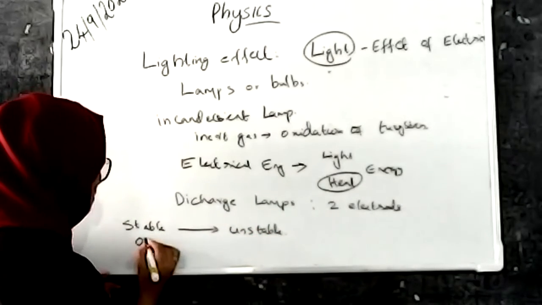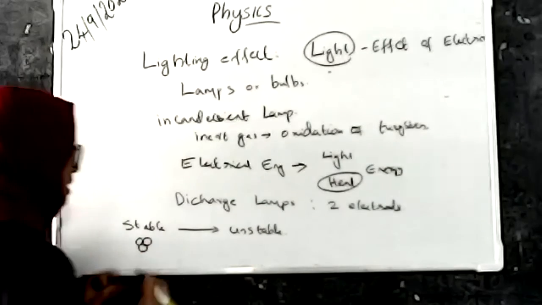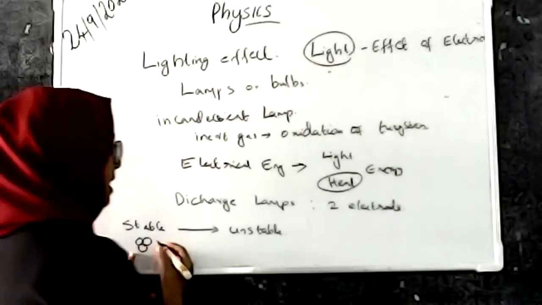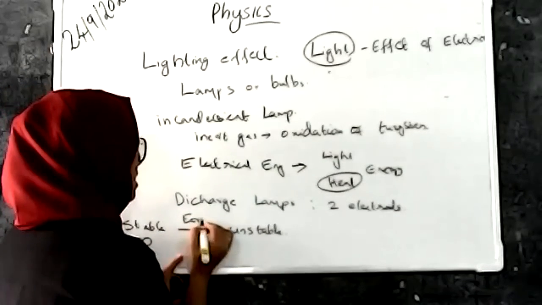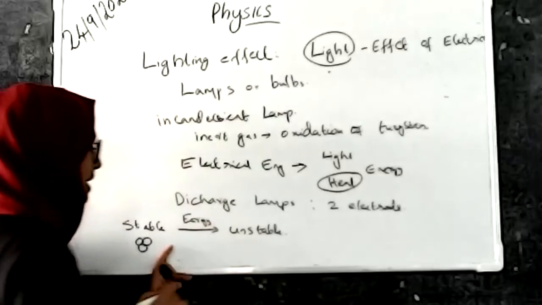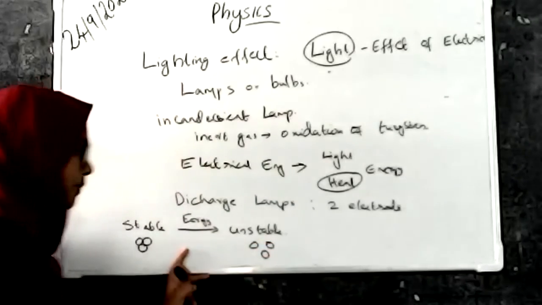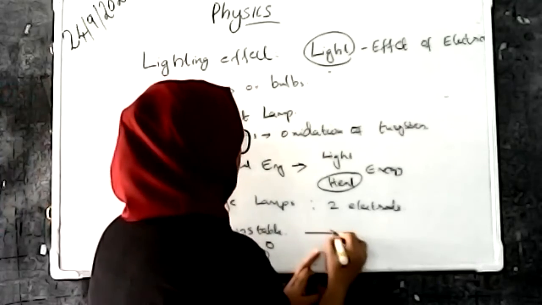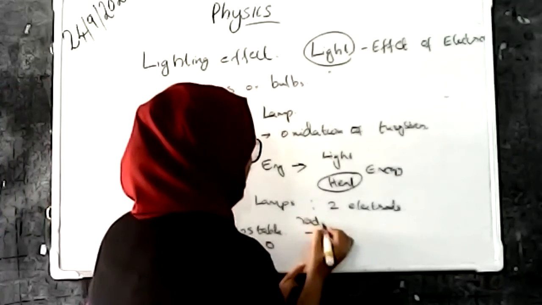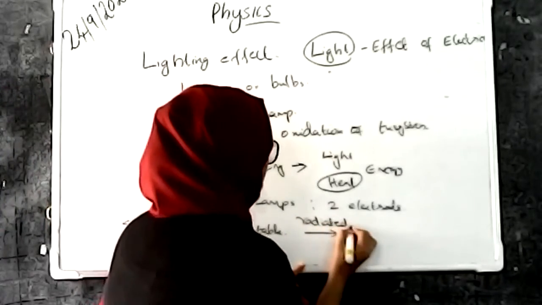That is, first of all, the molecules are in a closed form, and they get energy in the form of electricity and come to an unstable position, and then they radiate light.